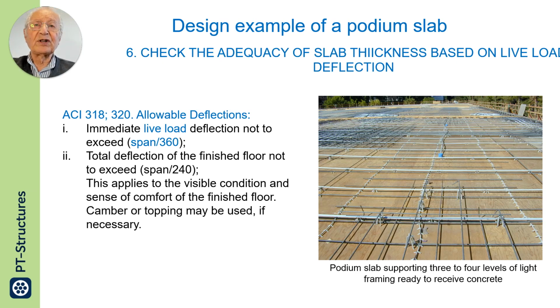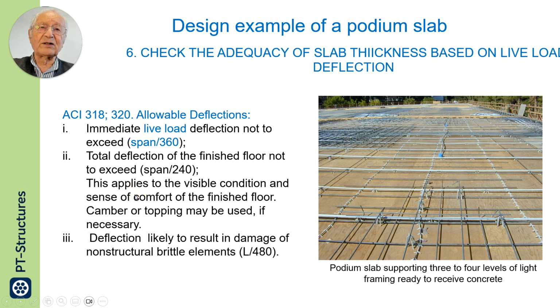But this is something which we cannot check at this time, and it is not important. Why is it not important? Because it can be controlled. Deflection that is likely to result in damage of non-structural brittle elements is span over 480.